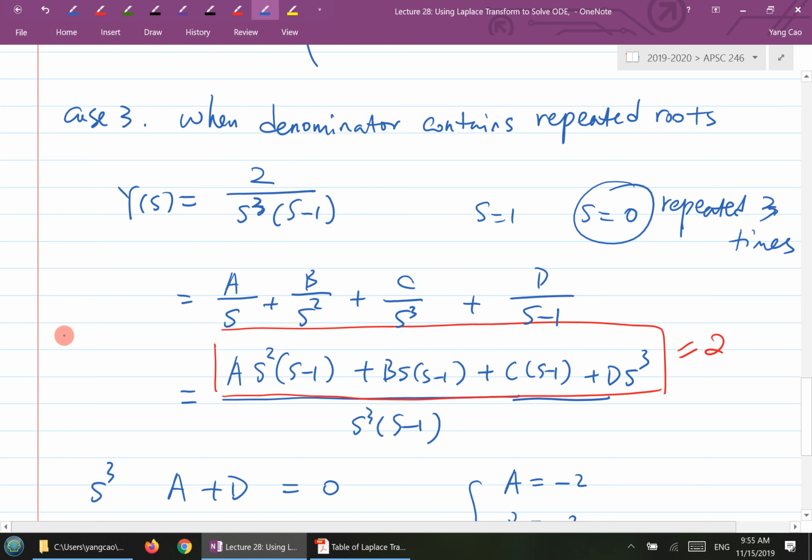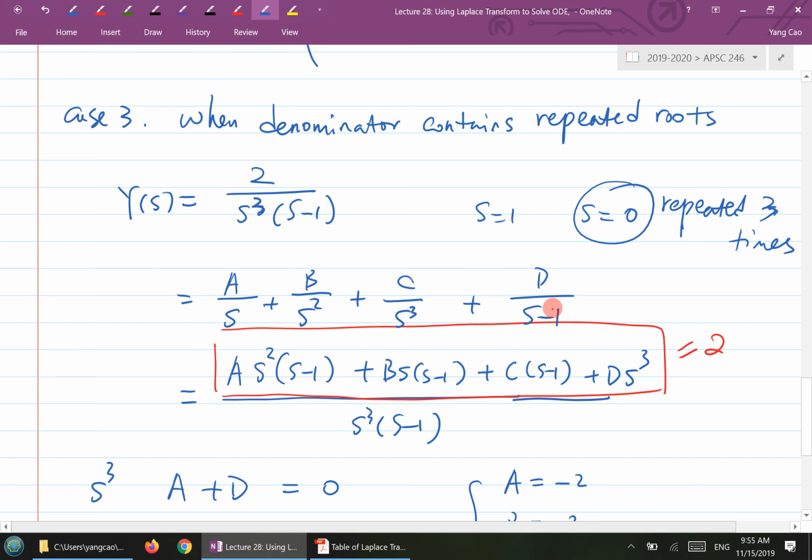When you take a third-year control systems course, I think you will be presented with the formula to calculate a, b, c when you have repeated roots. I have it in my lecture notes, you can take a look. But I think comparing coefficients is enough. It's not sophisticated to get the constants a, b, c.